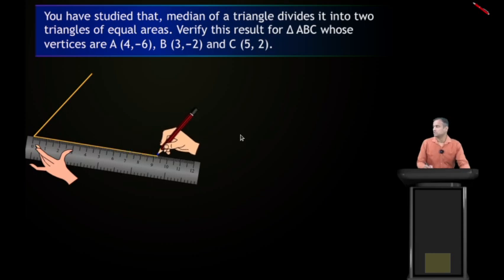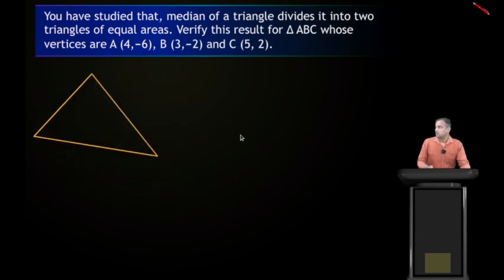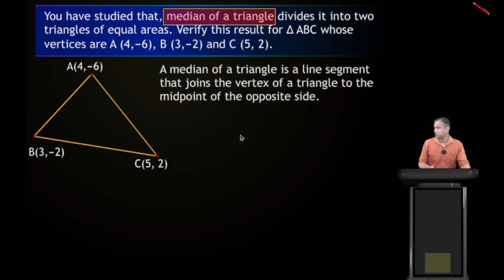So first form a triangle. So this is our triangle ABC. Here 4, minus 6, 3, minus 2 and 5, 2. A median of a triangle is a line segment that joins the vertex of a triangle to the midpoint of the opposite side.